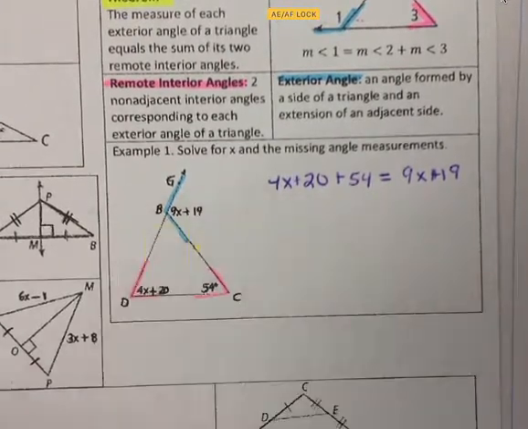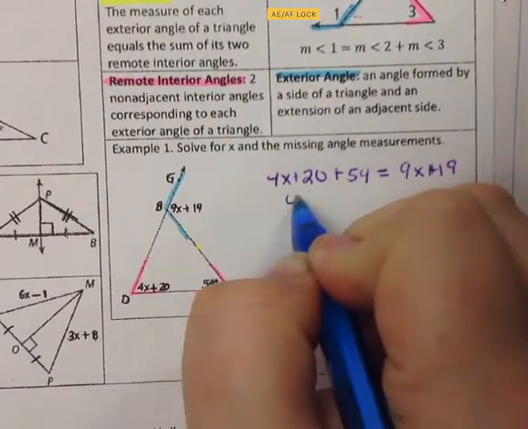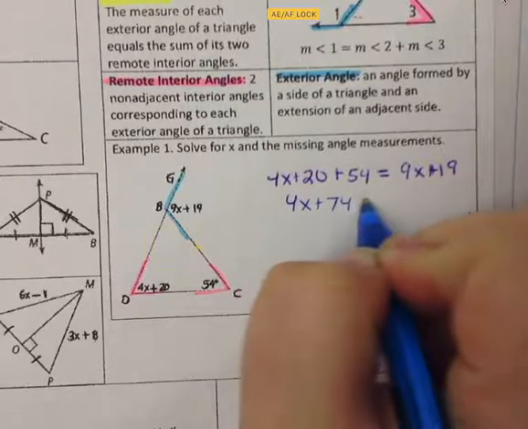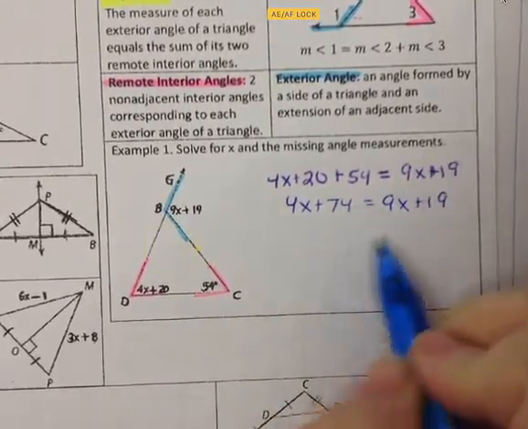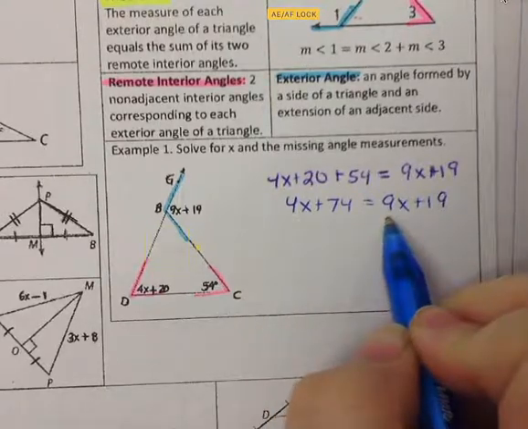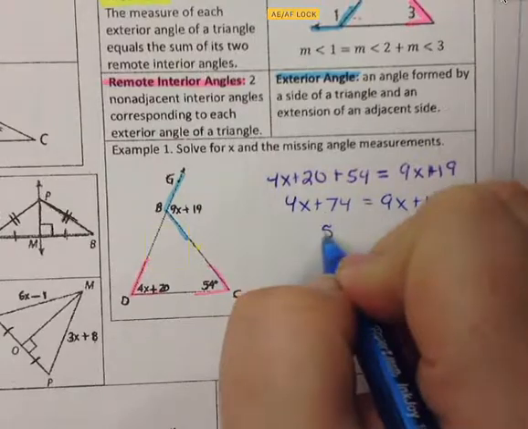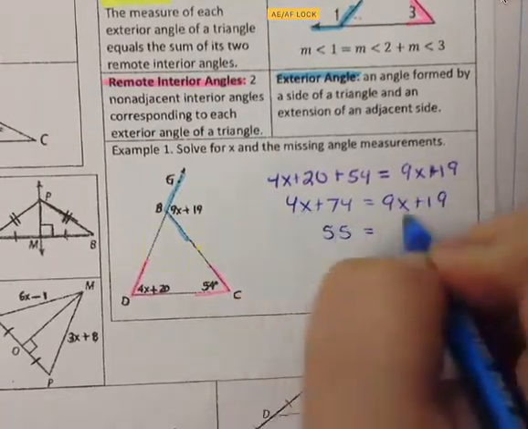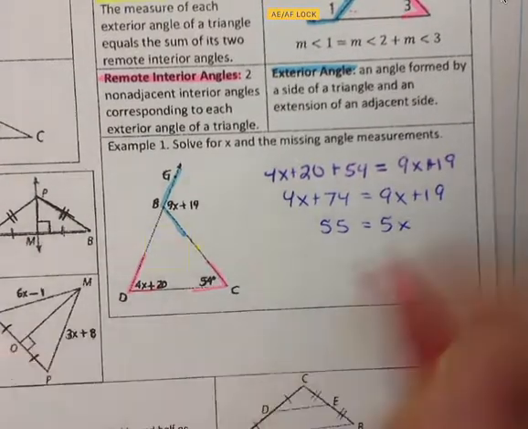So now we have 4x plus 20 plus 54 is equal to 9x plus 19. So we have 4x plus 74 is equal to 9x plus 19. Now to subtract the 4x and then subtract the 19, 74 minus 19 is 55, is equal to 9x minus 4x is 5x. Then to solve for x, x is equal to 11.